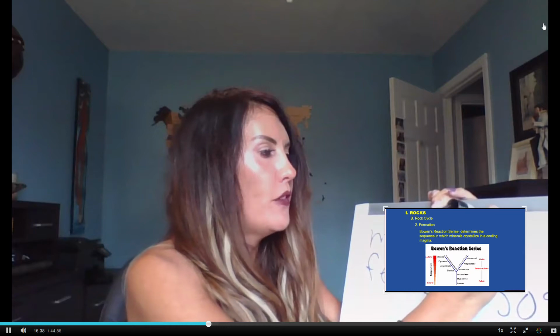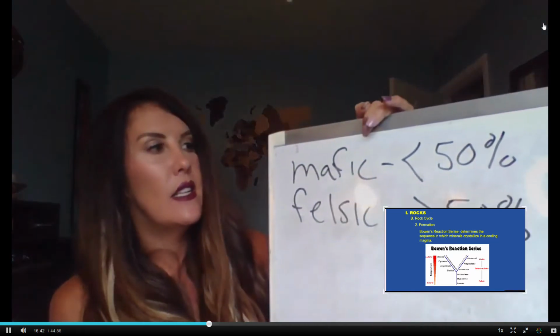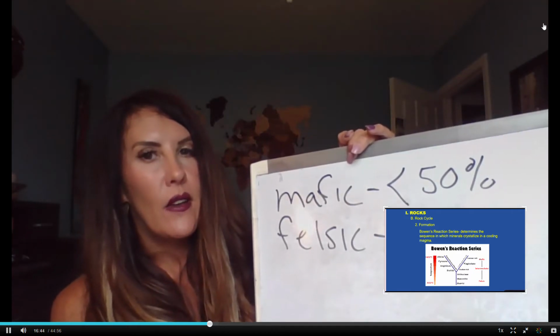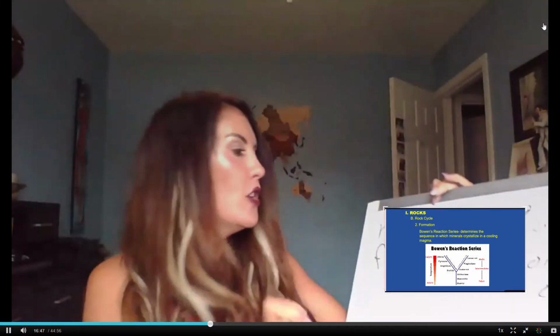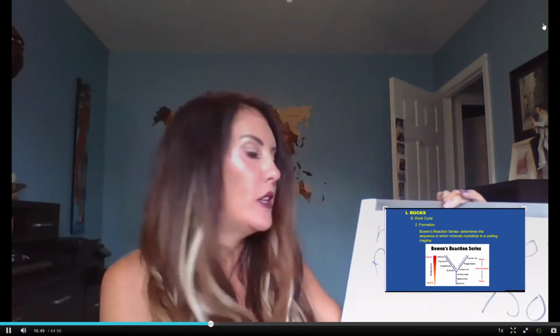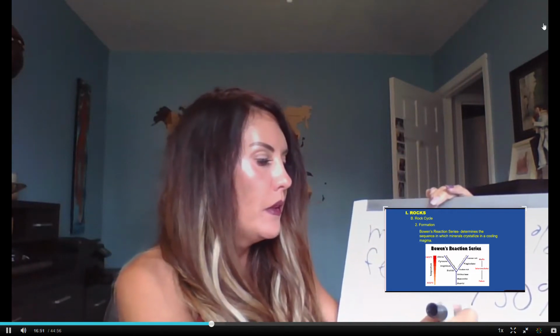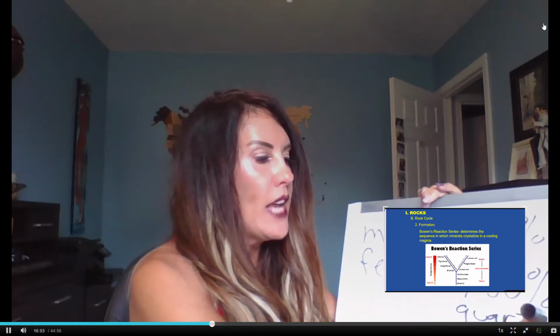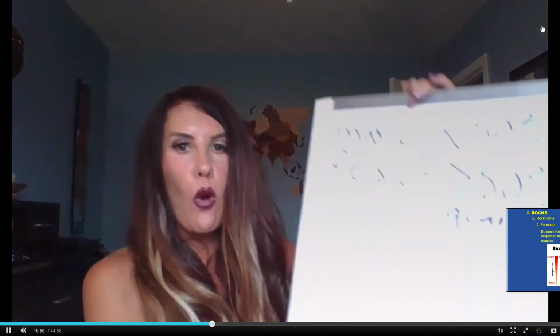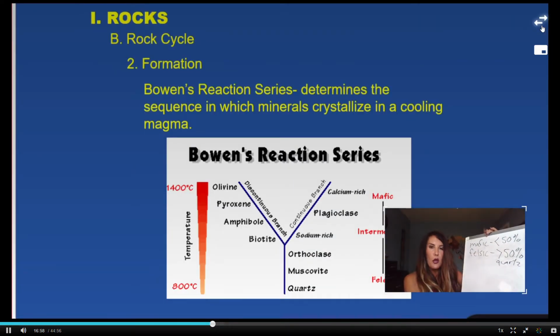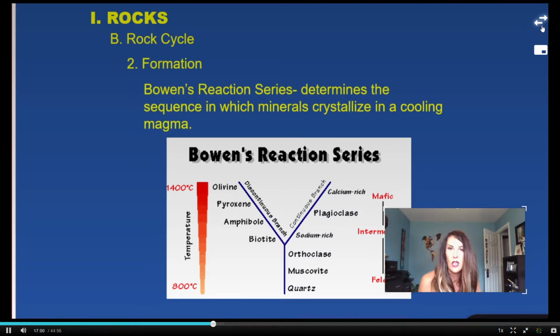Those that are mafic contain less than 50% silica. This makes sense when we look at Bowen's reaction series, because quartz has a chemical composition of SiO2, and it's pure. It's a pure silicate. It's the most pure silicate, right? All that forms it is silica and oxygen. We're going to come back to those terms because they're going to be important.